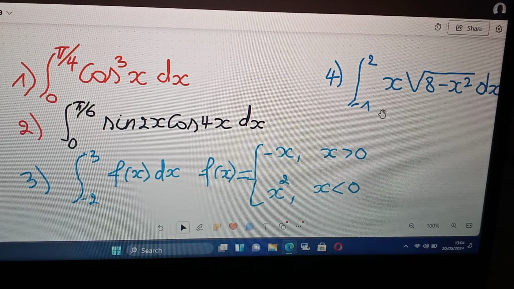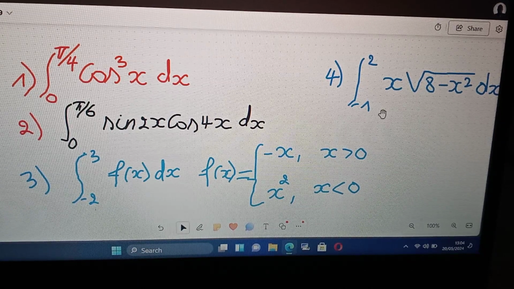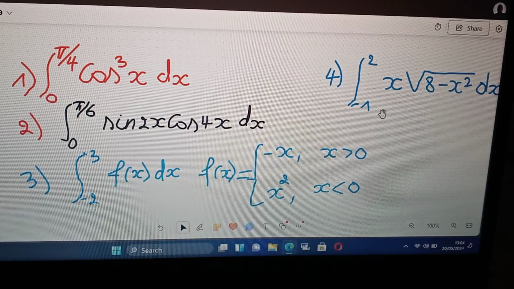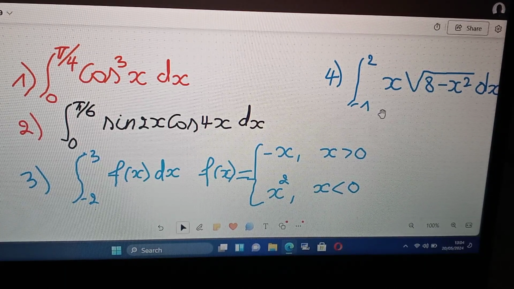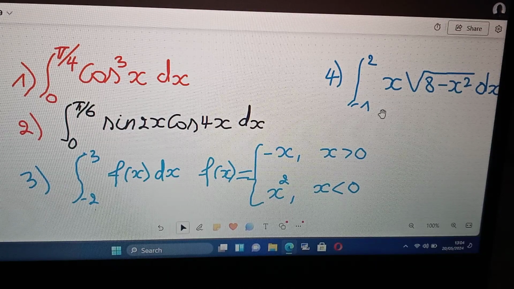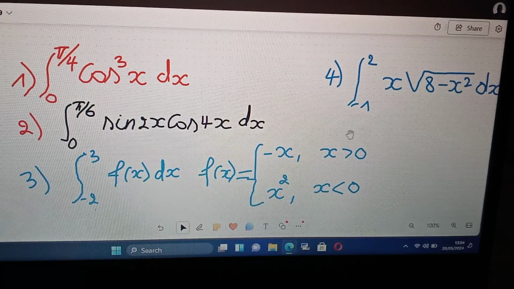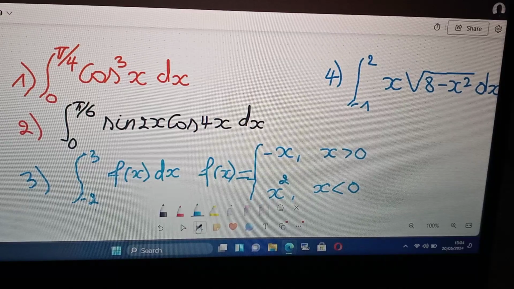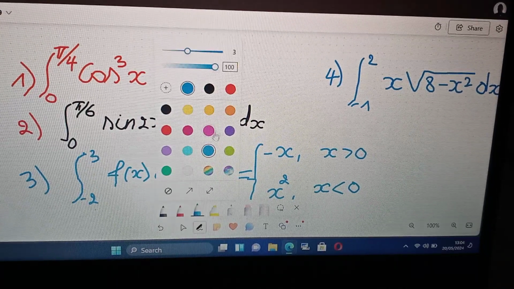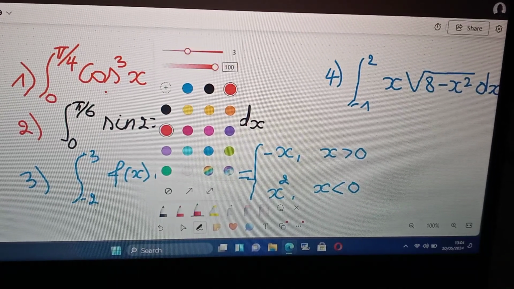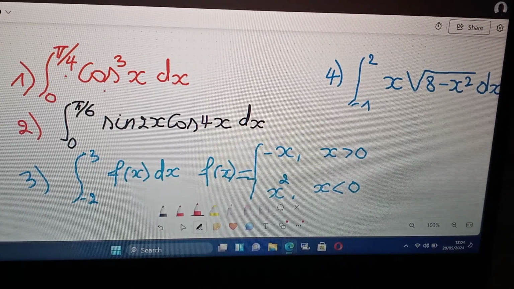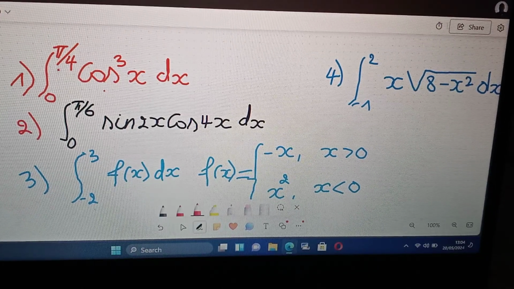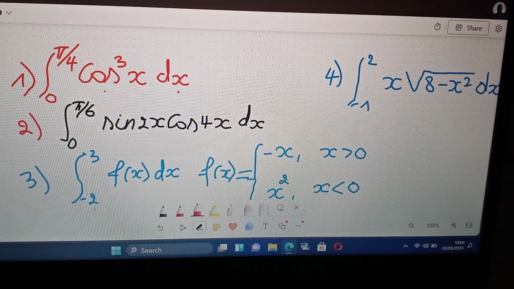This time now is to work in groups and try to perform those given exercises of application. On the first exercise we integrate cosine x to the power 3 from 0 up to pi over 4 dx.